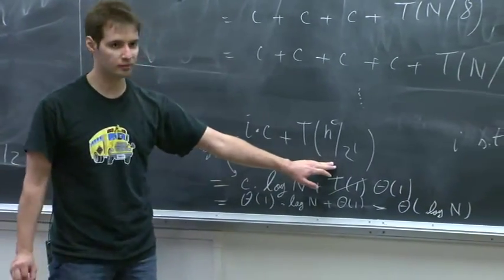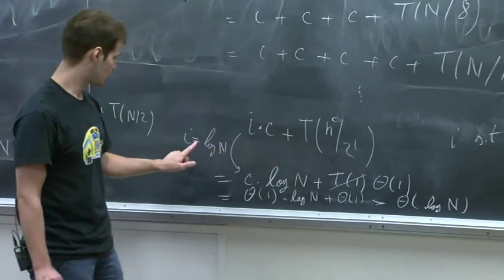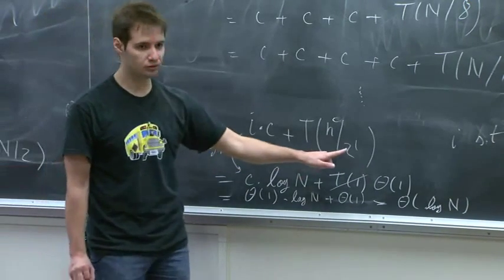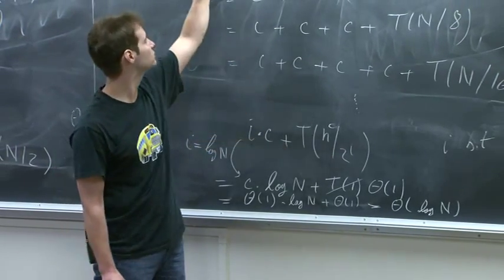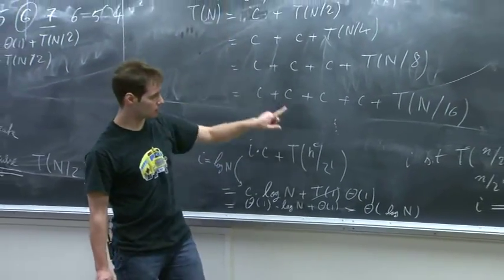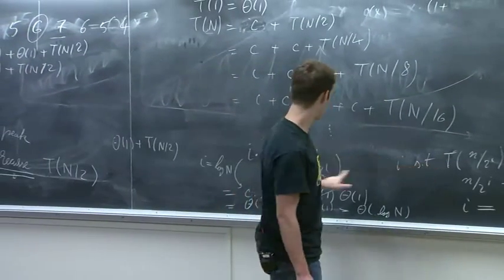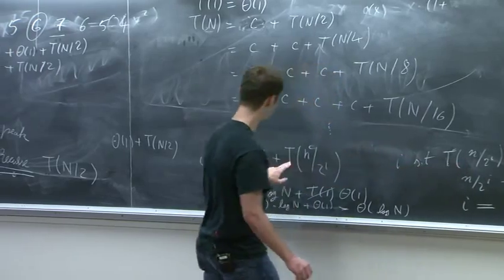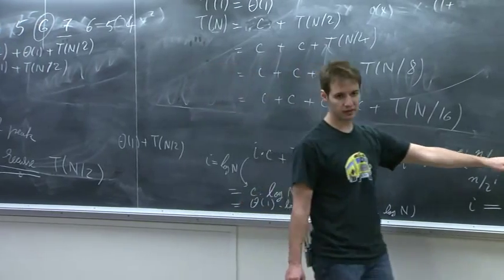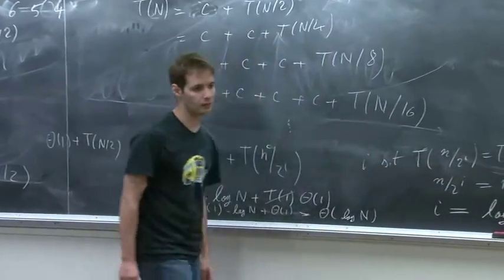You're wondering about this part, right? If i is log n, then 2 to the i is n. So I have t of 1, which I have here. When I was solving for i here, I set this to my base case so that I can get this to happen.